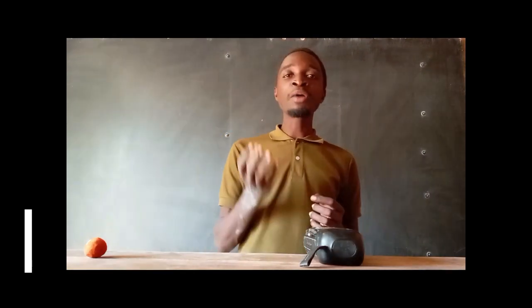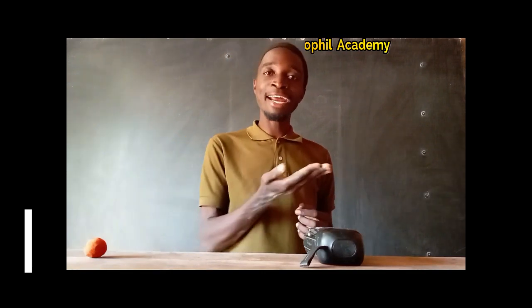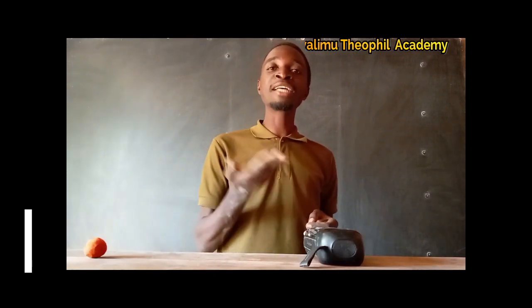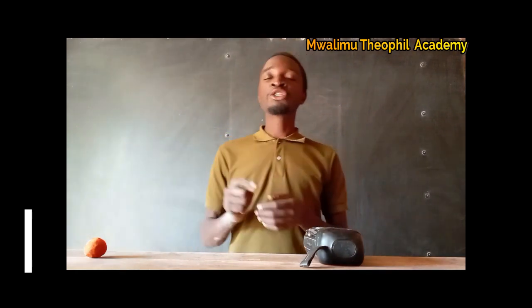It means it has stable equilibrium. So this tells us that a body will be stable if it rests on the largest area. It means that its base must be the largest surface.